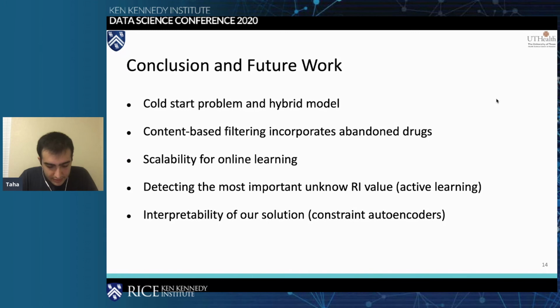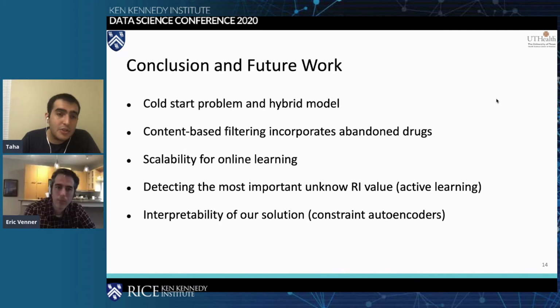Also, we are interested in employing an active learning mechanism that guides specialists in their future experiments. By that, I mean telling a specialist which pair of drug and cell, whose IC50 value is not known, will have the most effect on our computational approach, and help them select the proper pair to do experiments on.